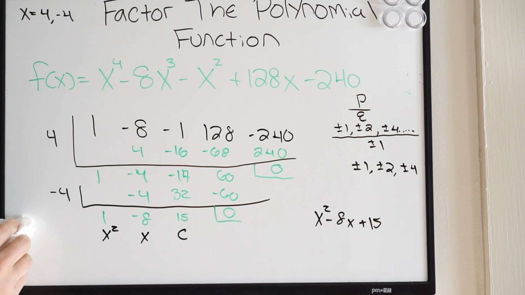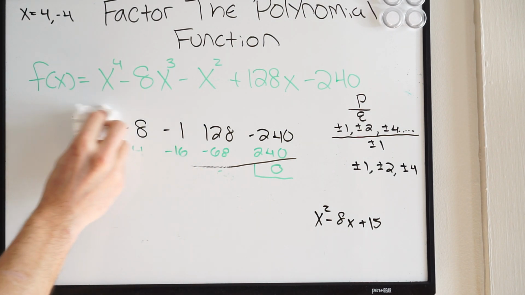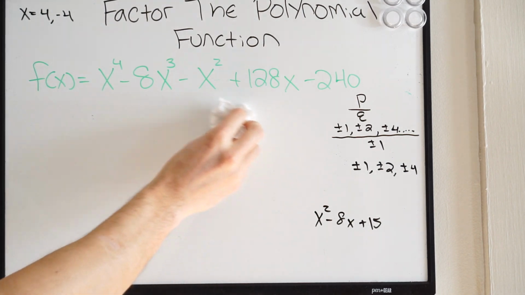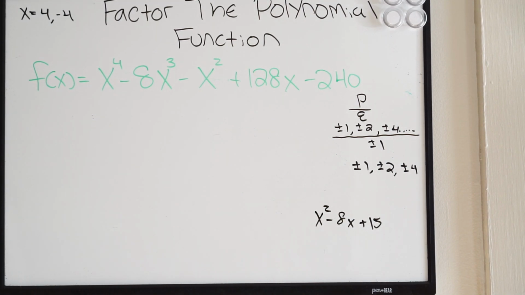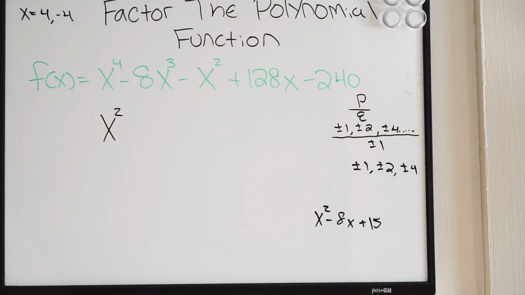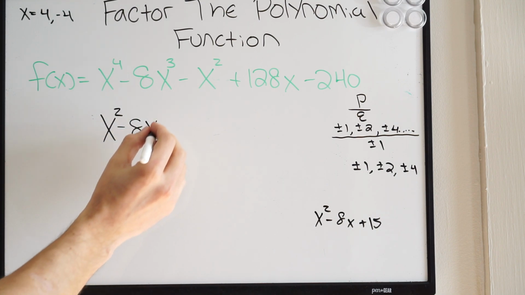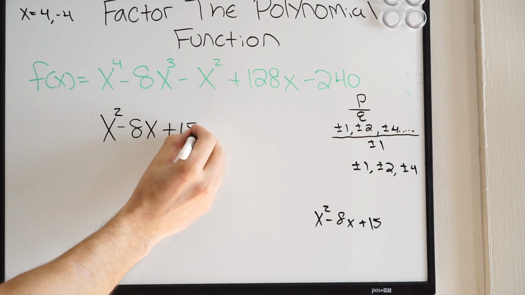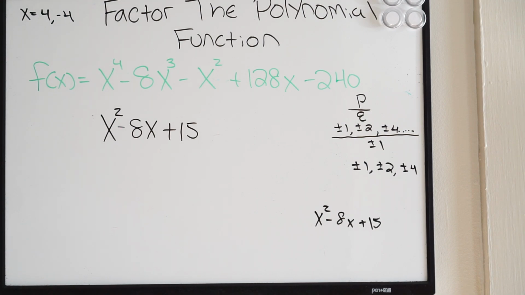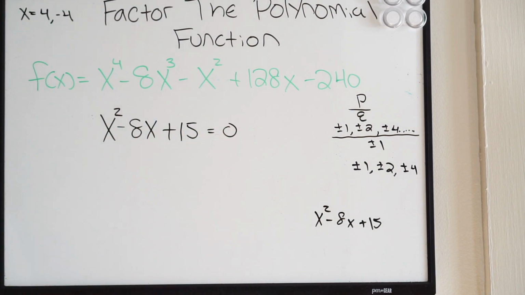I'm just going to erase this work. And now let's write this nice and big. So we have x squared minus 8x plus 15, and we are solving for the zeros here, so this is all equal to 0.